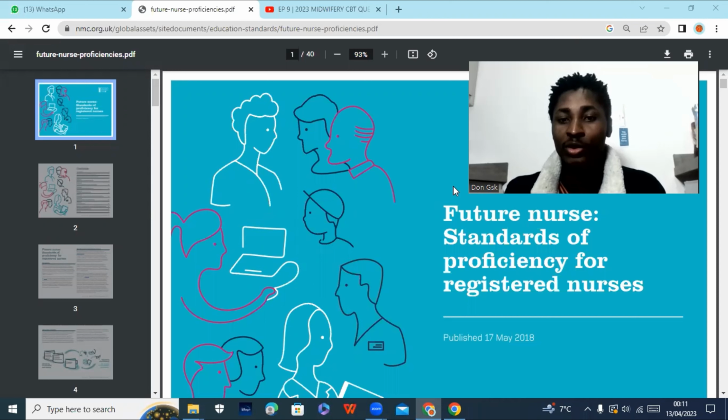So we have something that we call Future Nurse, standards of proficiency for registered nurses. And what this document teaches is that before you can be considered as a registered nurse in the UK, you should know the skills and whatever is in this document, and you should demonstrate that you can perform those tasks and execute those skills in your practice.